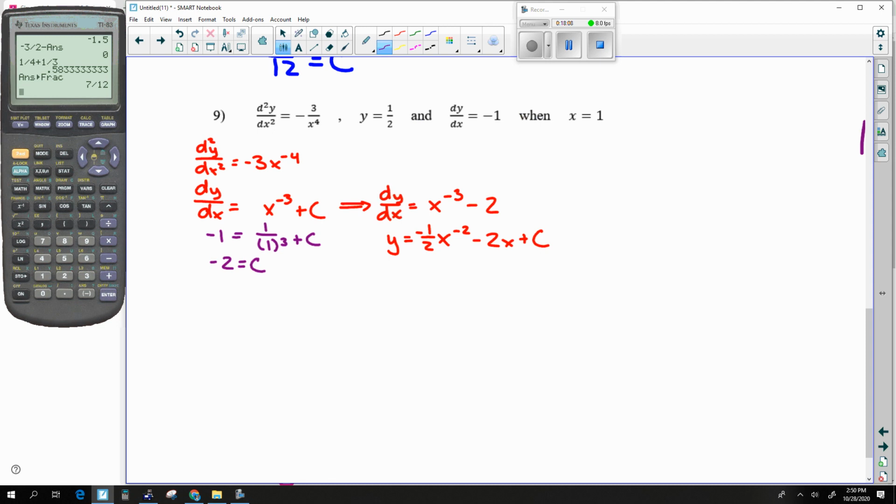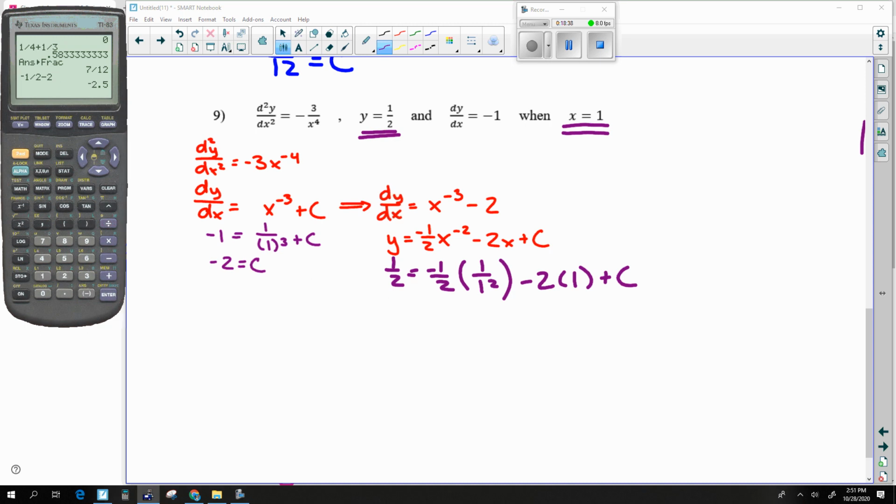All right, and then I see that y is equal to 1/2 when x is equal to 1. So this right-hand side is -1/2 minus 2, and so I'm going to have to take 1/2 minus that.